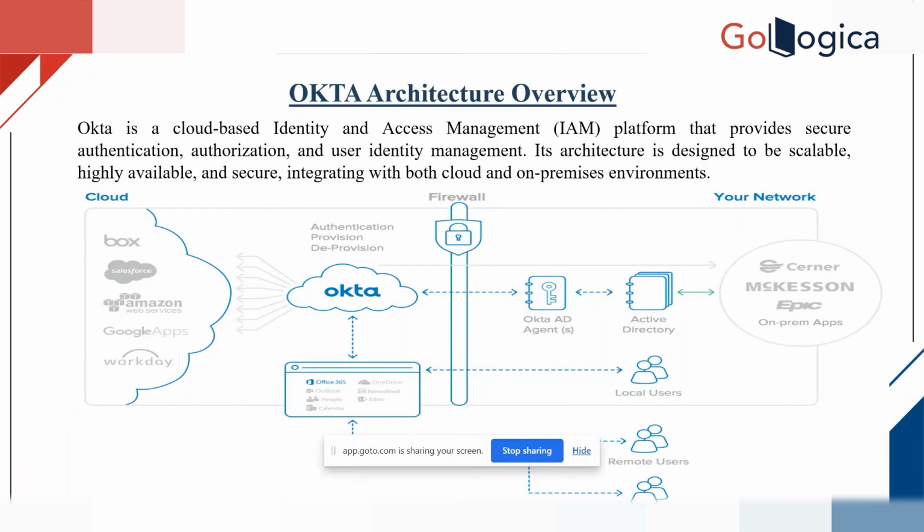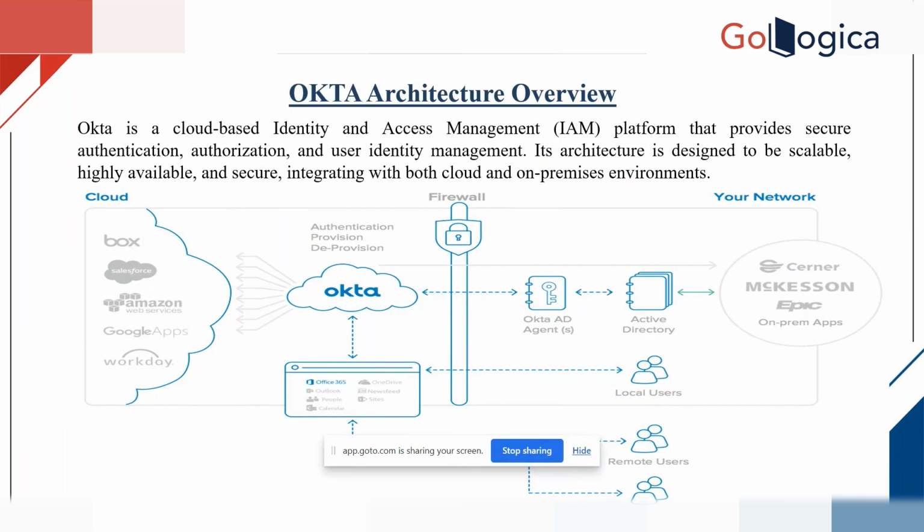On the left hand side, we have our Okta, which is the cloud side. On the right hand side, we have our network, meaning the on-prem side. The left hand side is completely on the cloud.